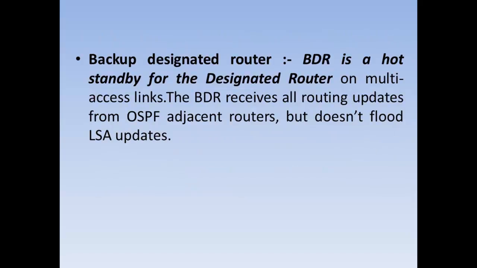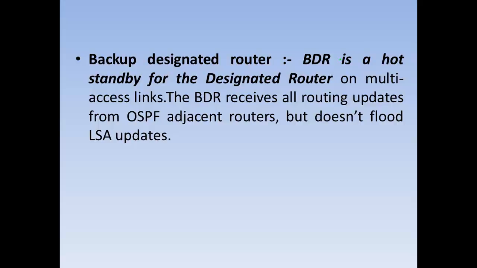And what is the backup designated router? A hot standby designated router. In case the DR goes down for any reason, the BDR, backup designated router, instantly becomes the DR, because the BDR can listen to everything but cannot forward.